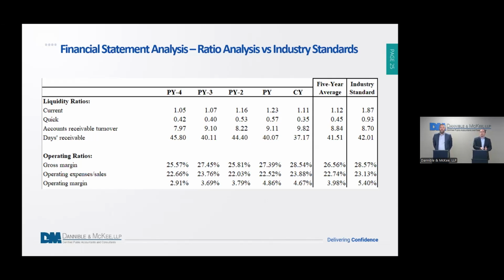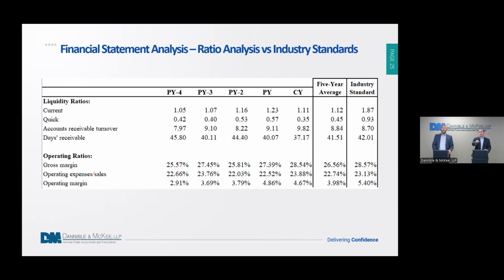And over a 5-year period, we have trended in an upward direction. We went from 25, 27, down to 25, back to 27, 28. So we're pretty good with the industry standard. We're pretty much in line with them.